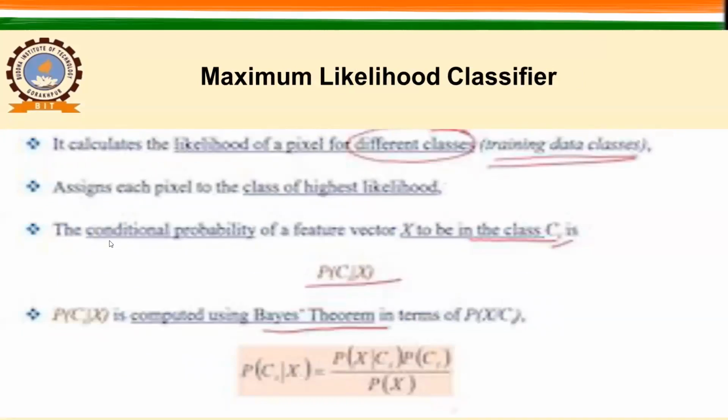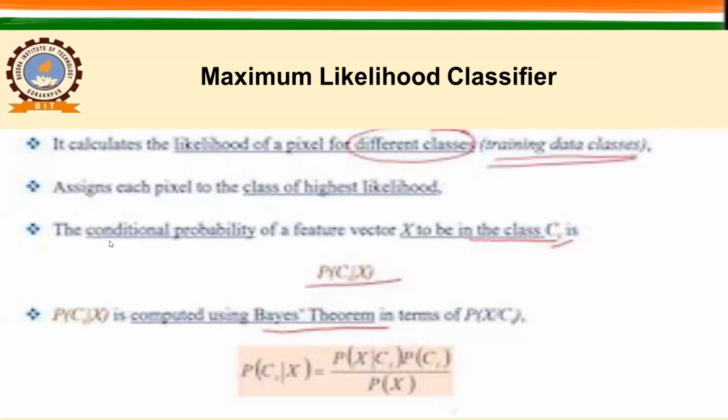So next classifier में हमारा जो था वो था हमारा मैक्सिमम लाइक्लीहुड क्लासिफायर। यहाँ पे हम क्या कैलकुलेट करते हैं? Here we calculate the likelihood of a pixel for different classes, and here different classes means training data classes. So if you have been given 4 or 5 classes, then you are assigning this pixel into all those 4 to 5 classes.